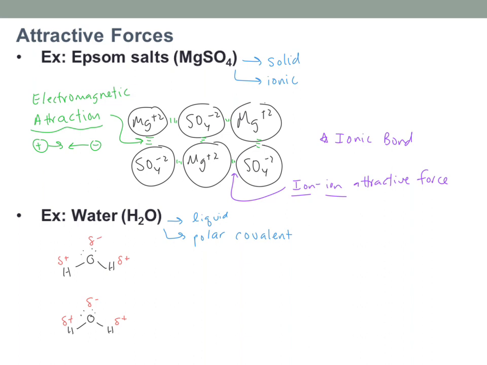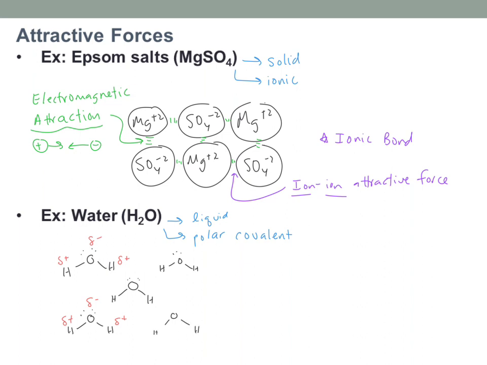If this water molecule's hydrogen was going to be attracted to any part of this other water molecule, the partially positive hydrogen should be attracted to the negative oxygen of the other molecule. And so what you see is these water molecules line up so that those opposite charges attract, just like we saw up above with the sodium sulfate.